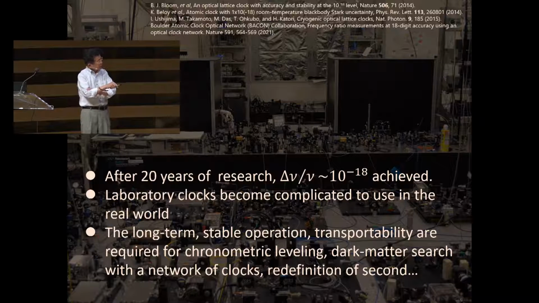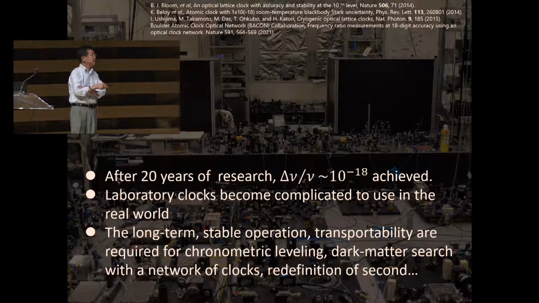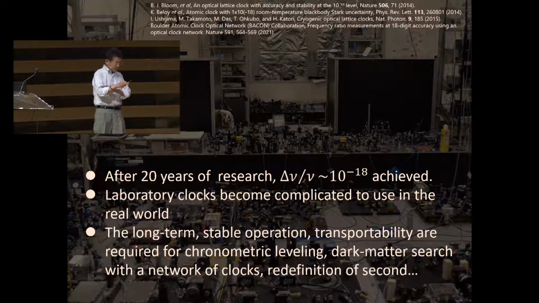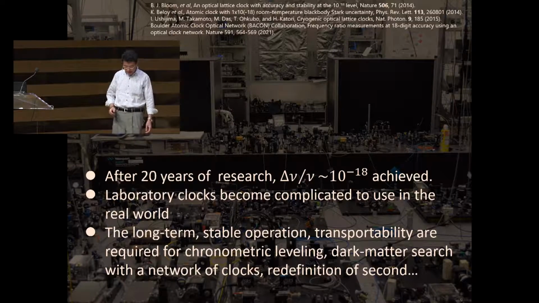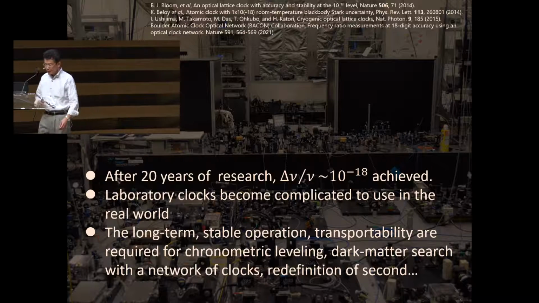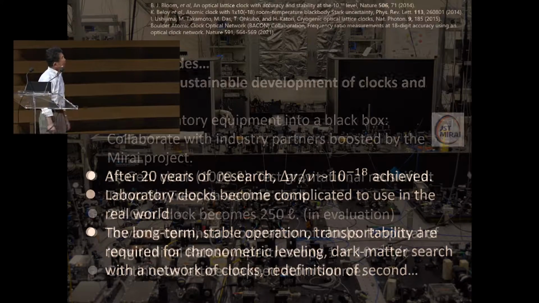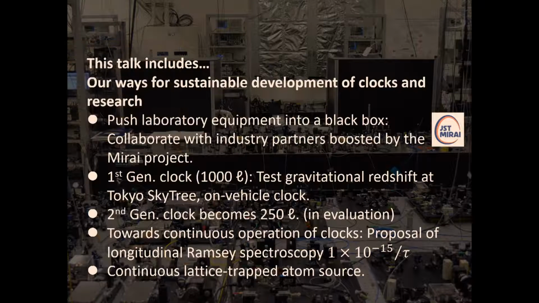For example, chronometric leveling, or dark matter search by a clock network, or redefinition of the second, given in the previous talk by Helen. So, my talk includes our way for a sustainable development of our clocks and research.